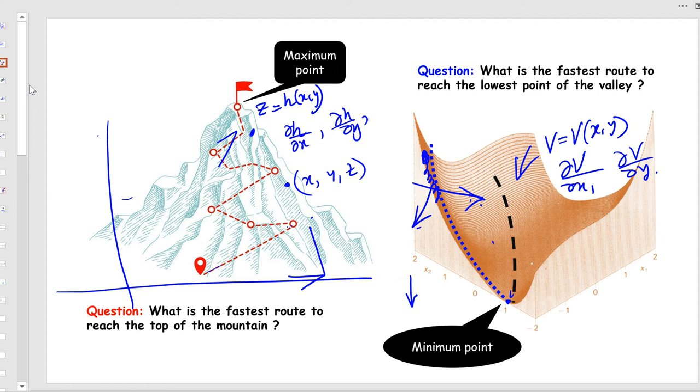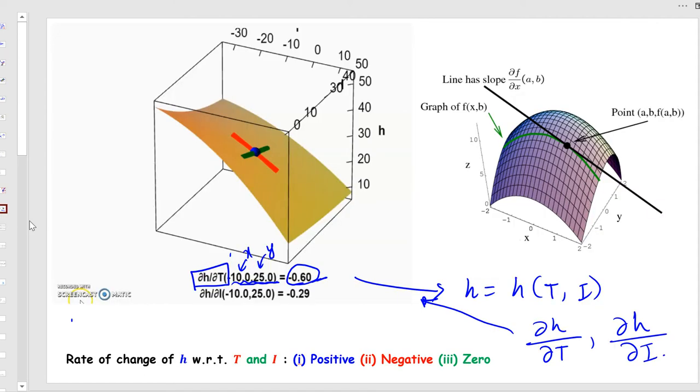In this way you can go to the minimum point. So this is the basic idea of partial derivatives and why they are needed: to see the rate of change with respect to x and with respect to y. They will be useful for finding the minimum point and maximum point of a given function.